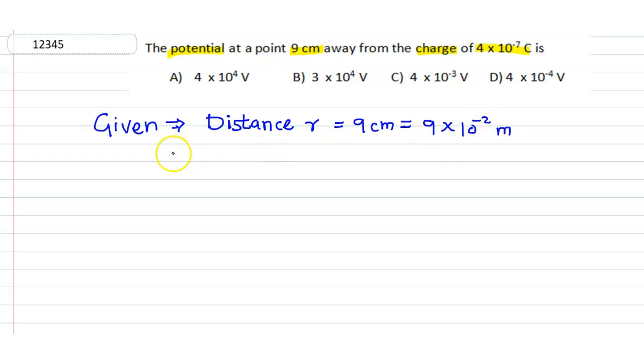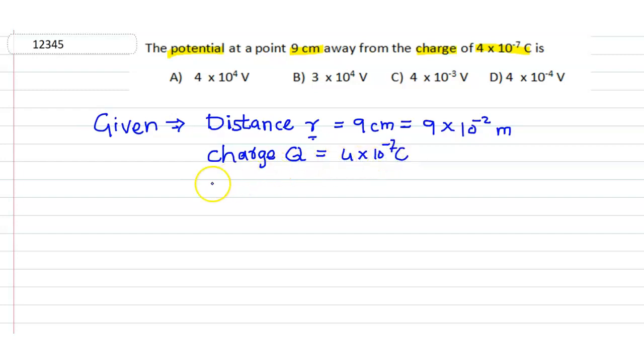Now the second quantity given in the question is charge. So we write here the charge, denoted by capital Q, which is equal to 4 into 10 to the power minus 7 coulomb.